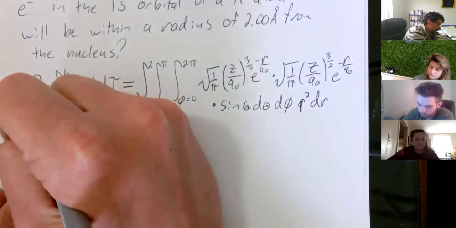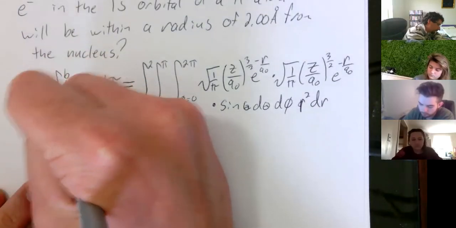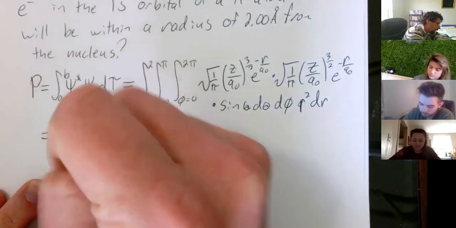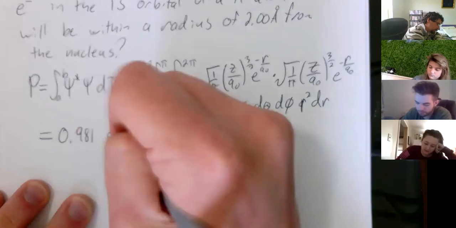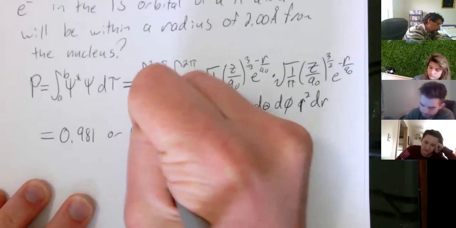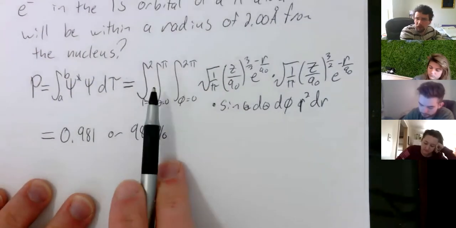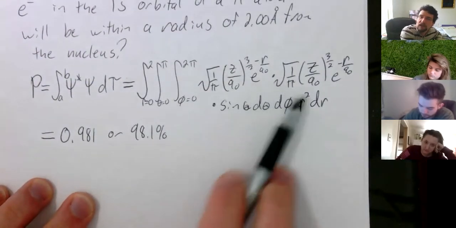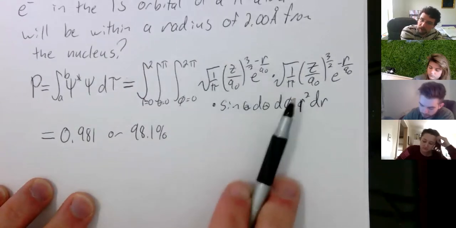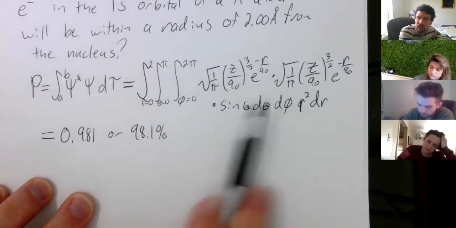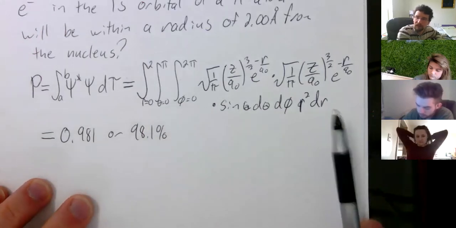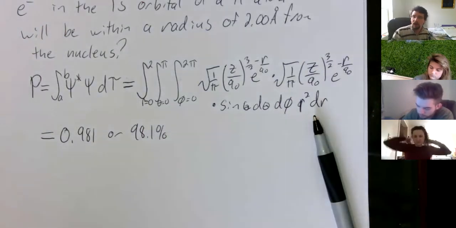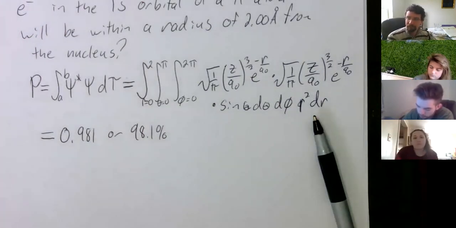The overall answer is 0.981, or as a percentage, 98.1%. Next time we'll go through the mathematics of how you integrate this. If you want, try it on your own. That'll give you an example to work with, but we will cover it next time.